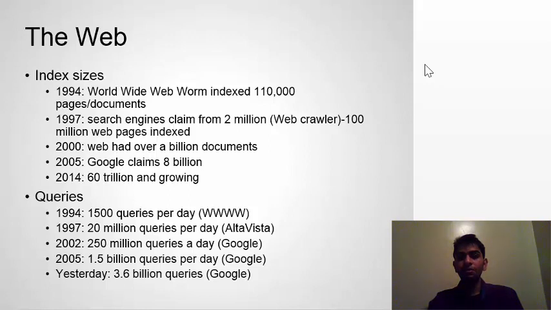In 1994, World Wide Web Worm answered around 1500 queries a day, while in 1997, AltaVista answered 20 million queries a day. In 2002, Google answered over 250 million queries a day, while in 2005 Google answered over 1.6 billion queries a day. Yesterday, Google answered 3.6 billion queries.